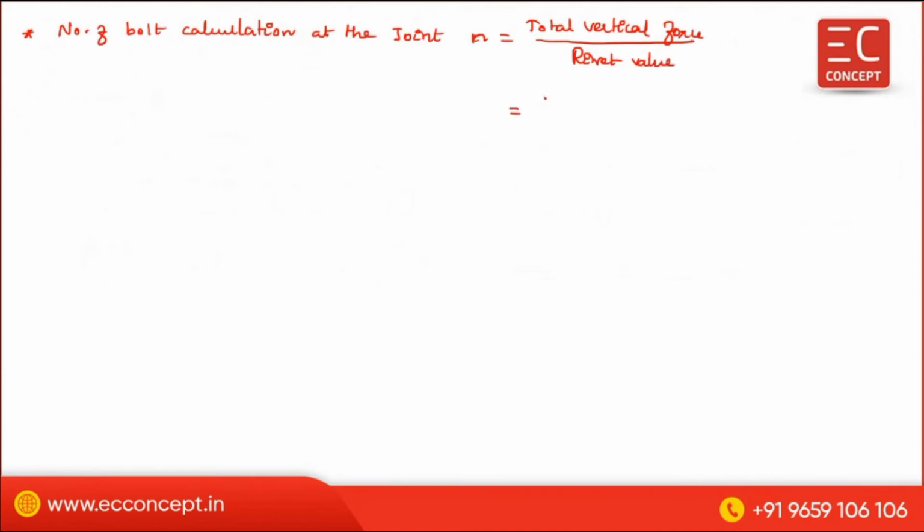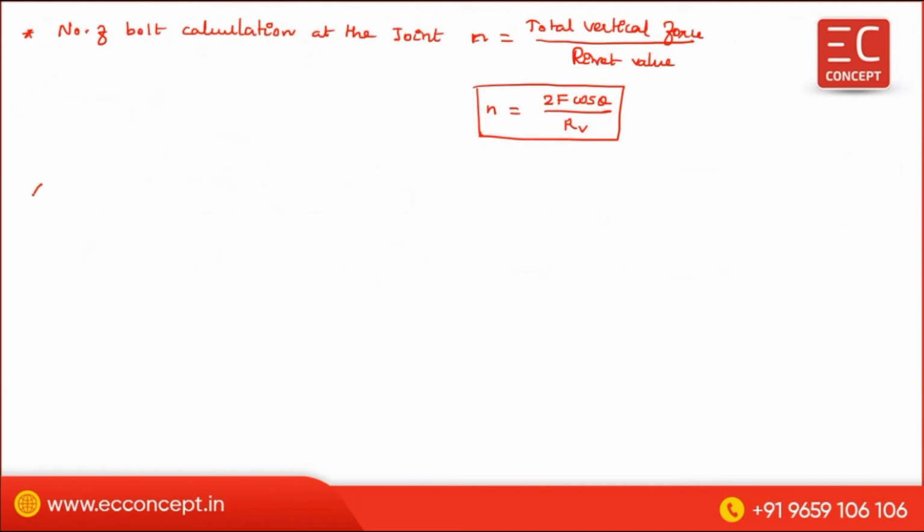So which is equal to 2F cos theta divided by rivet value. So that is n. Understood? So this is all about the lacing system. Okay.